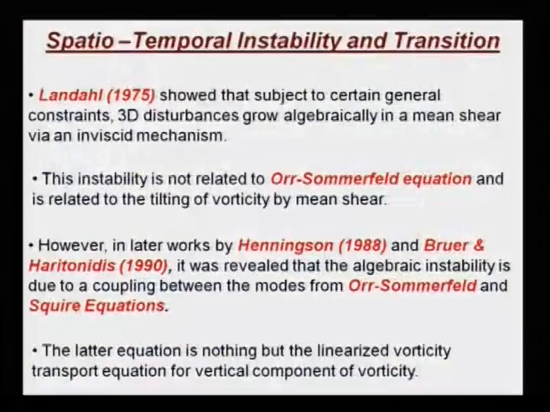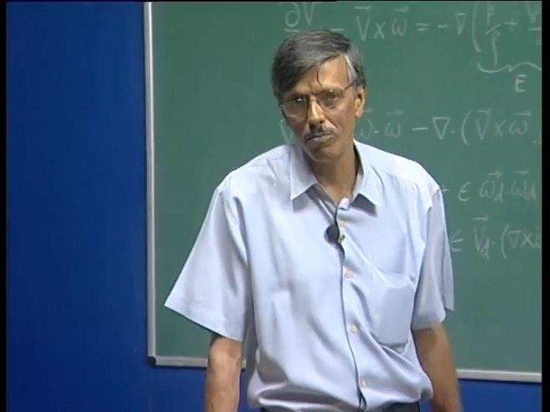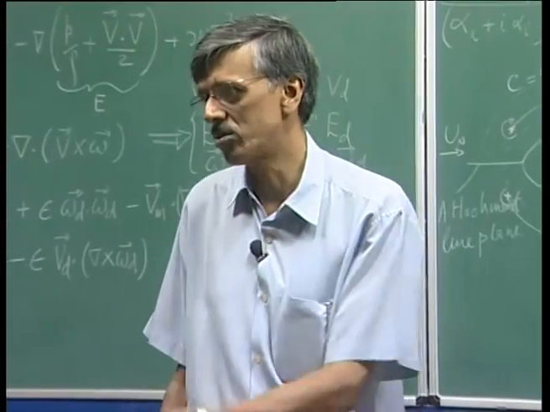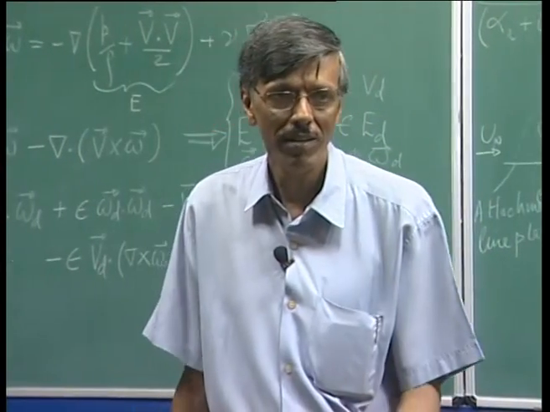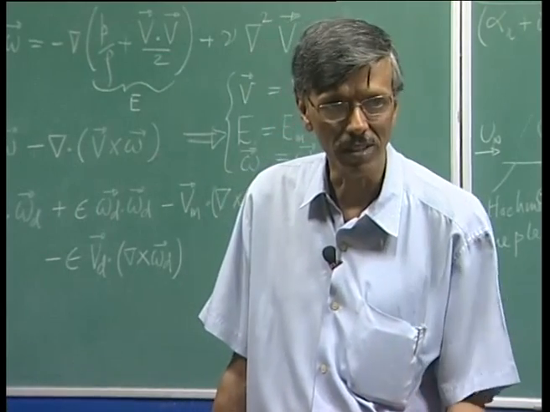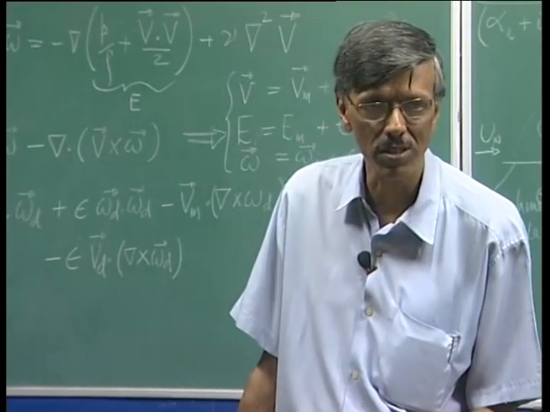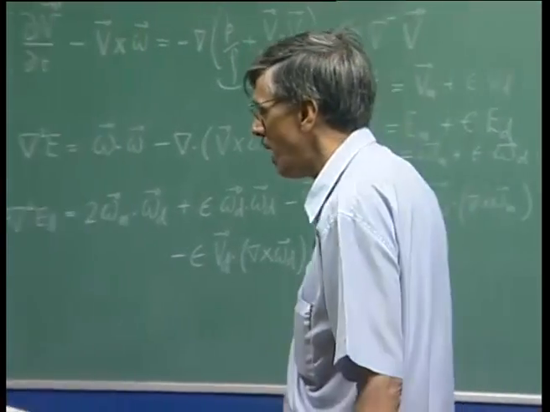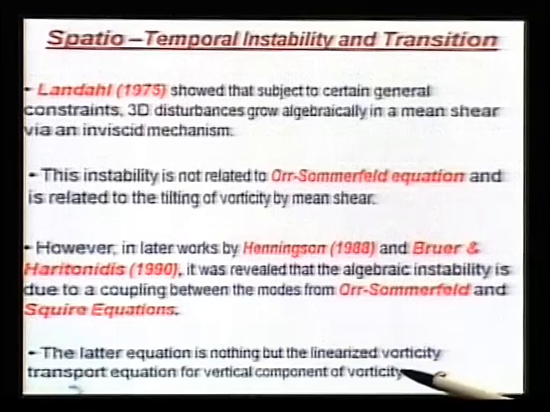Now, what is a Squire equation? This Squire equation is nothing but the linearized vorticity transport equation for the vertical component of the vorticity. You know, the Orr-Sommerfeld equation itself is an equation for the vorticity, the linearized vorticity transport equation.